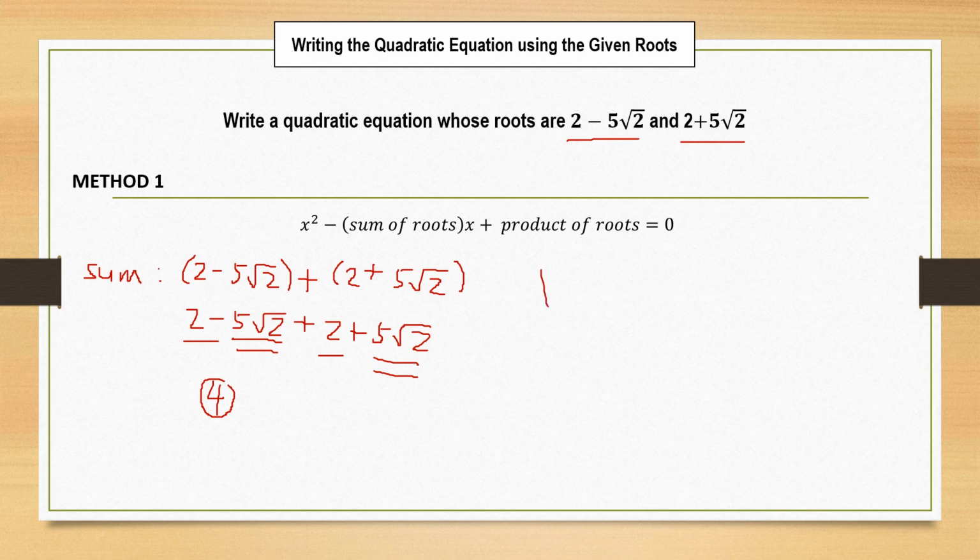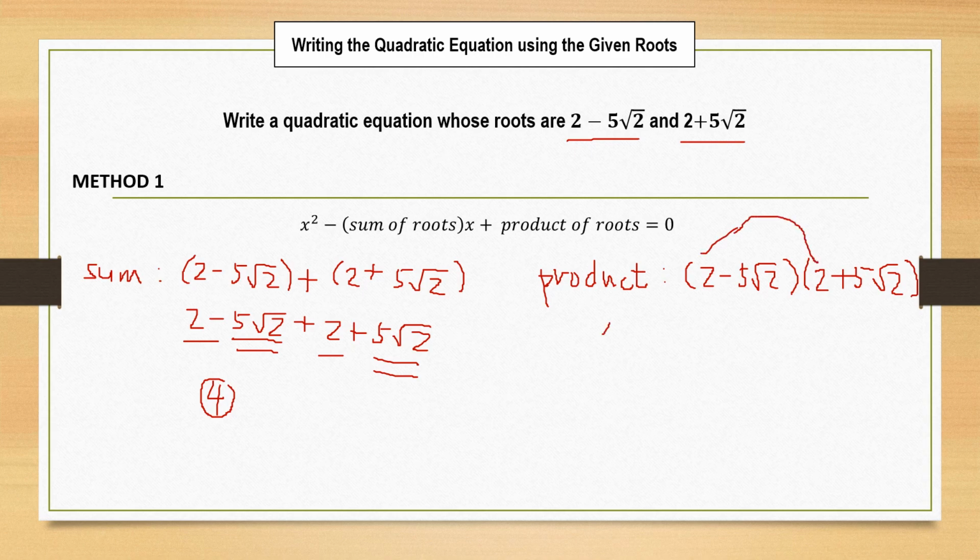Let us now have the product of the roots. So we have 2 minus 5 square root of 2 times 2 plus 5 square root of 2. Using the FOIL method, we have 2 times 2 is 4. 2 times 5 square root of 2 is 10 square root of 2.